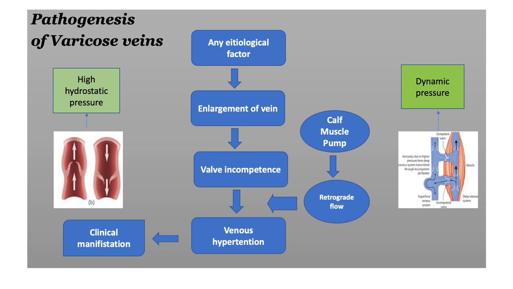Second mechanism, muscle contraction, I mean the calf muscle, with retrograde blood flow from the deep to the superficial, will lead to an increase in the dynamic pressure. This mechanism also will contribute to venous hypertension. This venous hypertension leads to clinical manifestations of varicose veins.